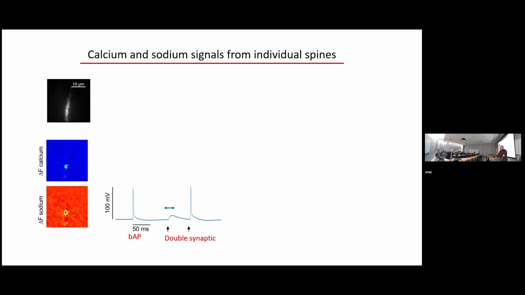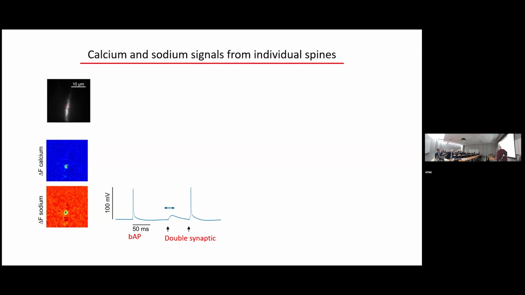And we'll look to see where in the dendrites, if at all, we've generated this change. What we see is that not all the time, but some of the time, we'll see a very localized change, on the order of 1 micron or less, in the indicator dye that reports calcium, and at the same time, a change in the indicator dye that reports sodium.